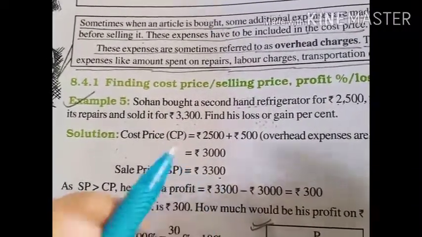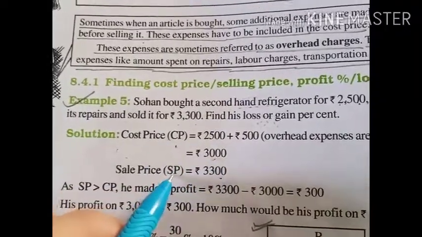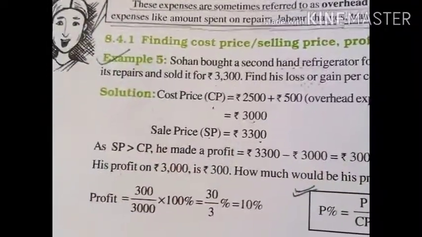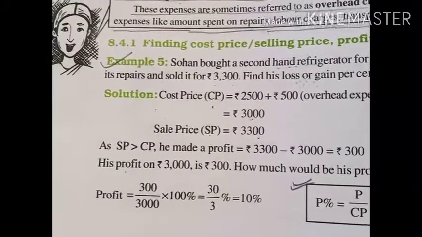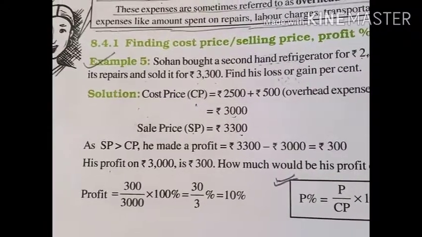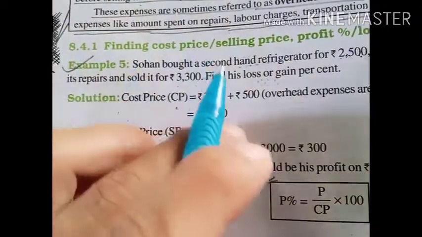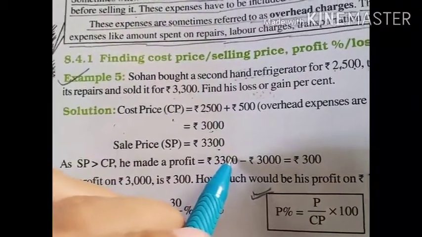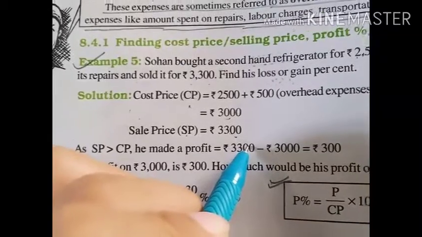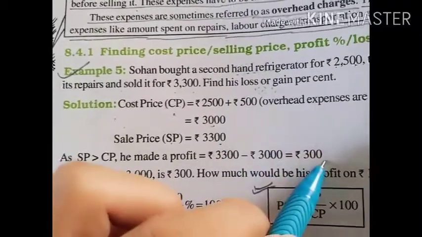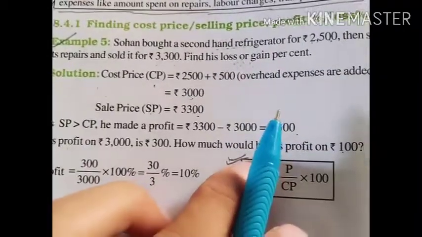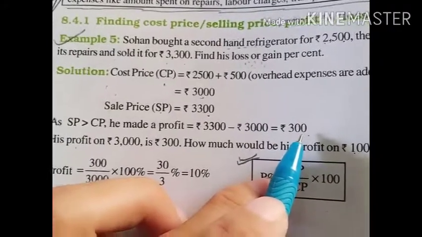Here as we can see, the cost price is 3000 and selling price is 3300. So as selling price is greater than cost price, he made a profit. How much amount did he get as profit? Selling price minus cost price equal to 300. Sohan got the profit of rupees 300.